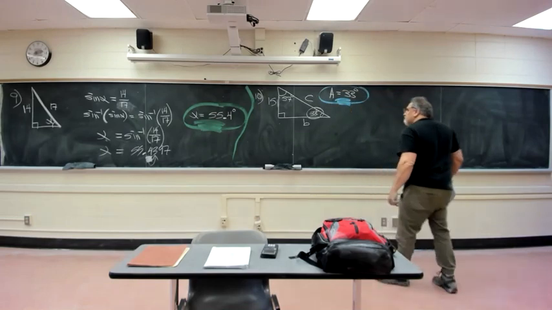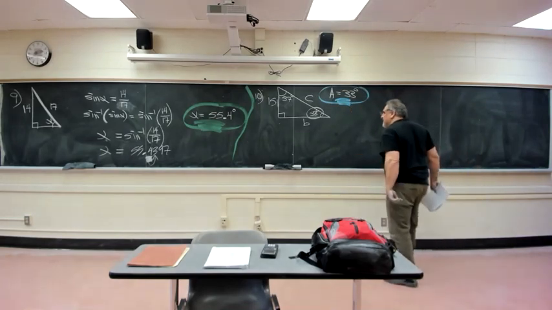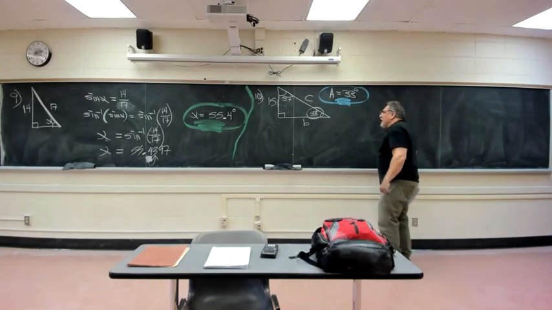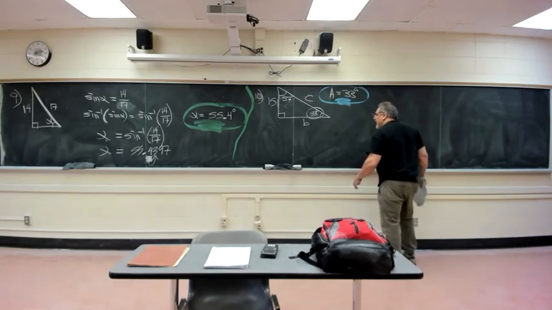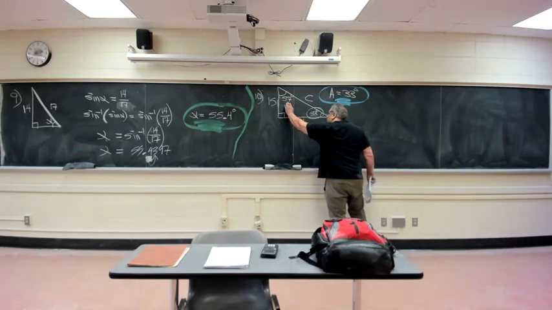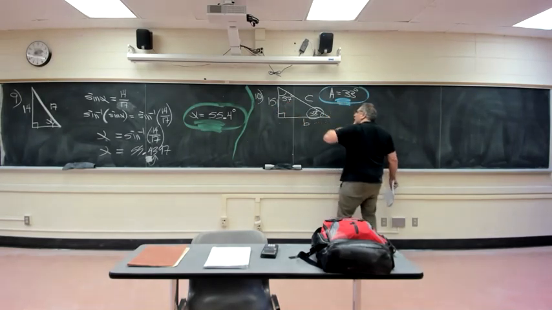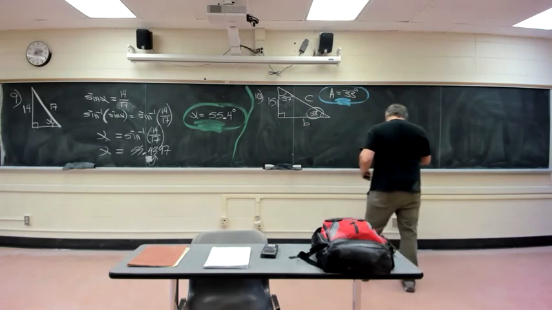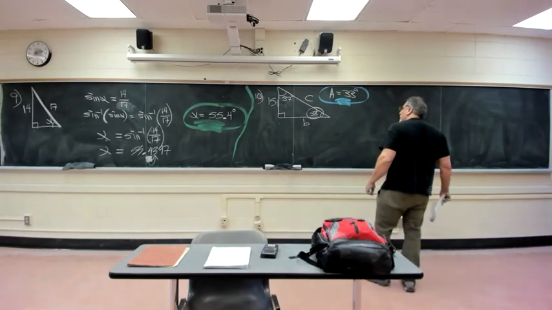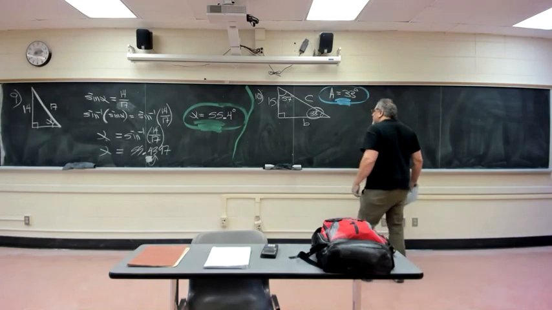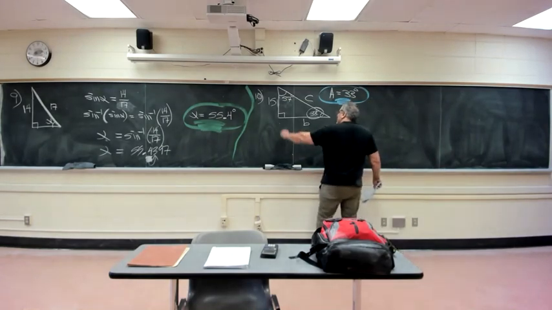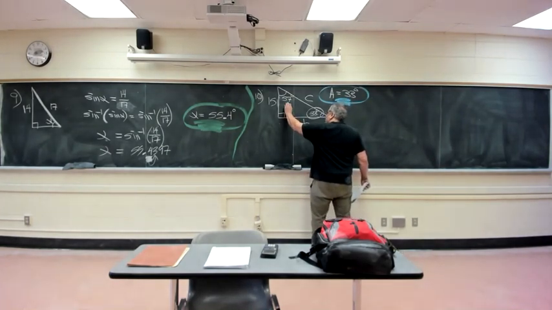What else is going on? Let's deal with the 57, I guess. We can say that the sine of 57 degrees is opposite. Well, hold on. We've got to find what C is too. So that's going to be a little rough. Okay, I'll tell you what we're going to do. Let's be careful. Let's get the cosine of 57 degrees.